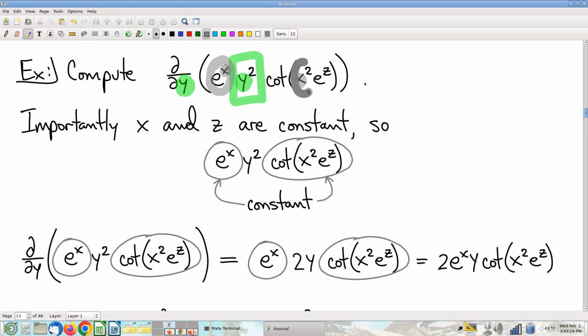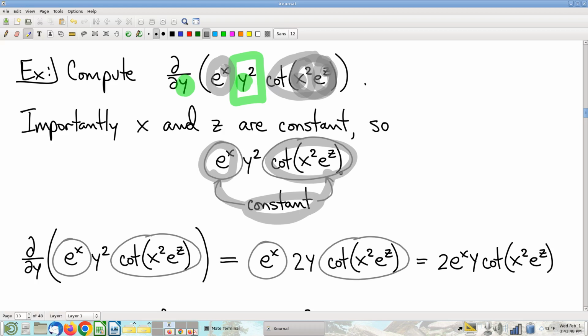And it means x squared is a constant. Don't forget z, also a constant. So e to the z is a constant. So this product is a constant. So that cotangent is just a great big ugly constant. So most of what we have here in this seemingly ugly function is actually a great big constant.